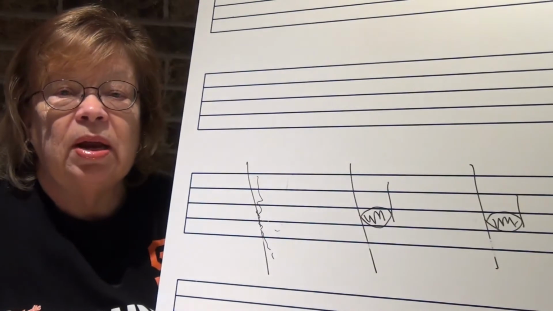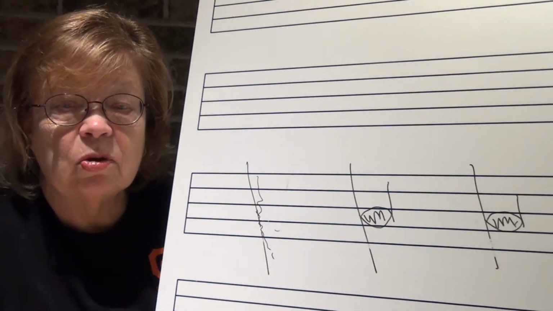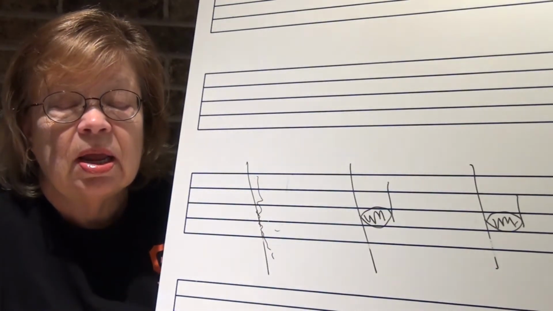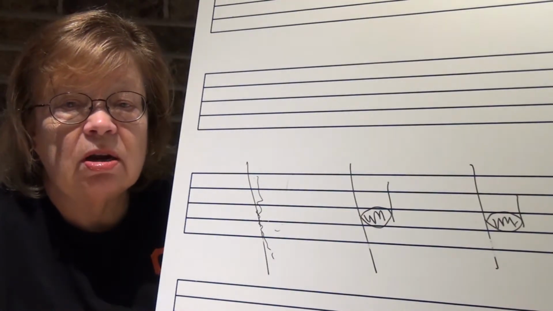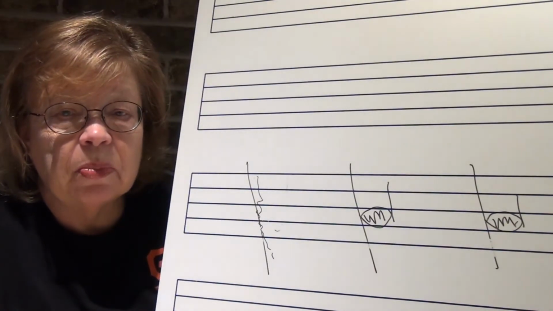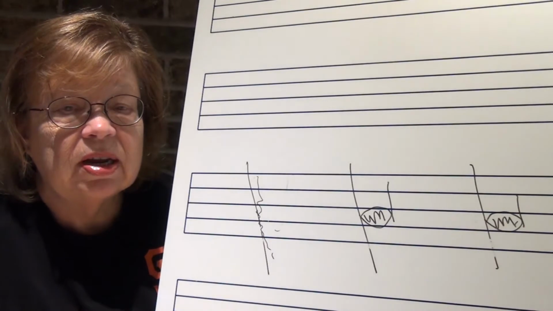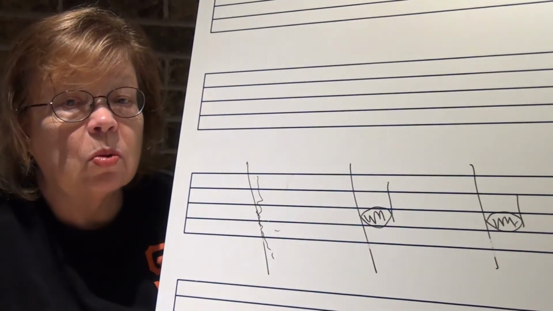Now, we have some exercises for you to practice with the quarter note and the quarter note rest. These exercises will get progressively harder, and so you have to remember the length of the quarter note rest is exactly the same length as the quarter note.